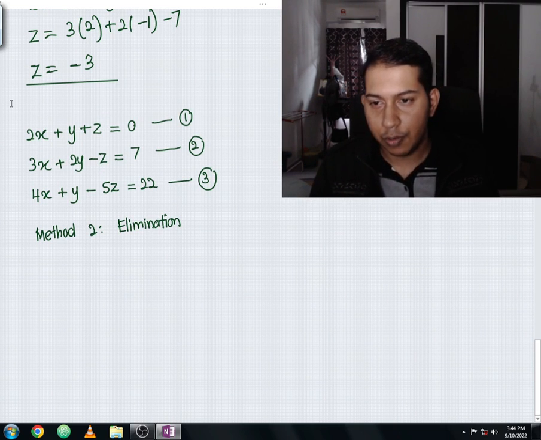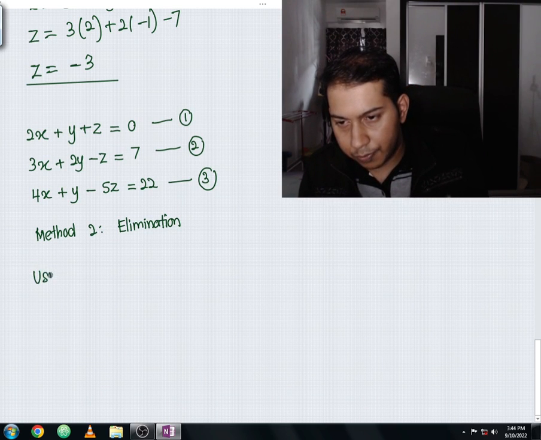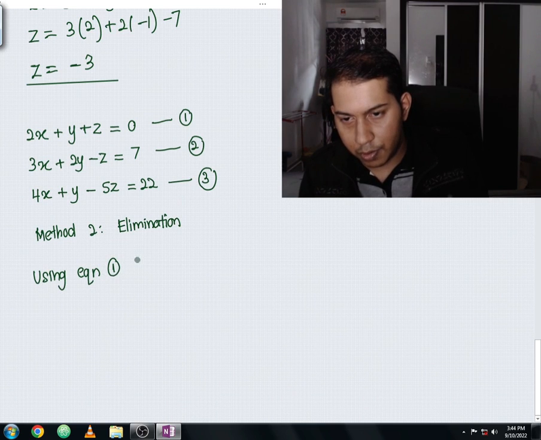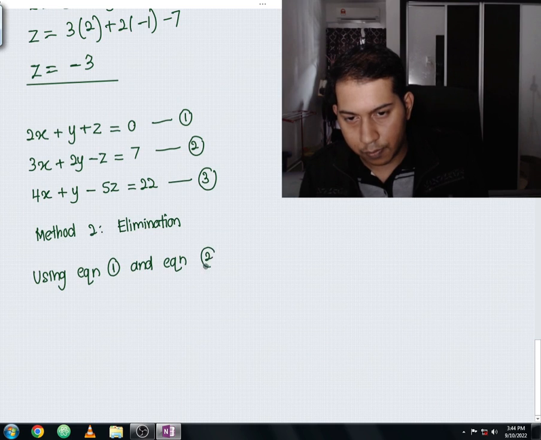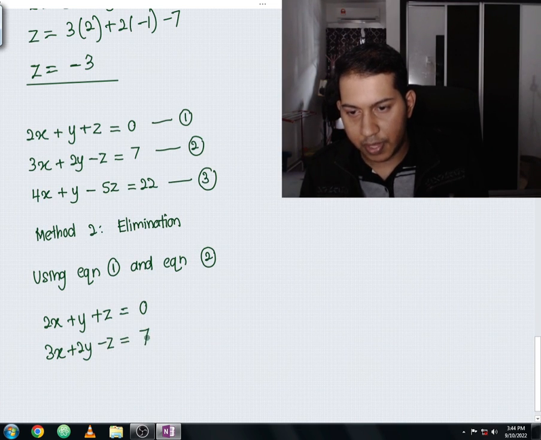So what I'm going to do is rewrite over here, using equation 1 and equation 2. From here, 2x plus y plus z equals 0. And 3x plus 2y minus z equals 7.